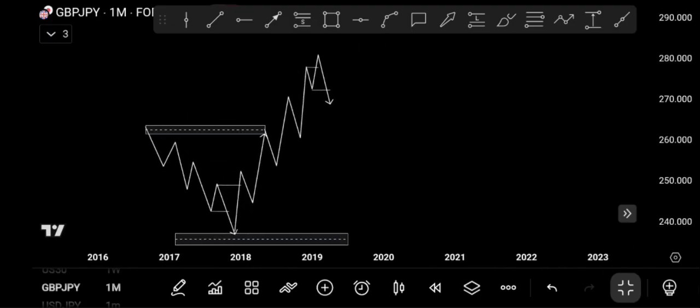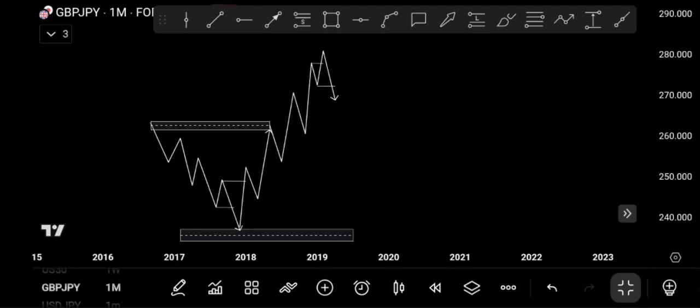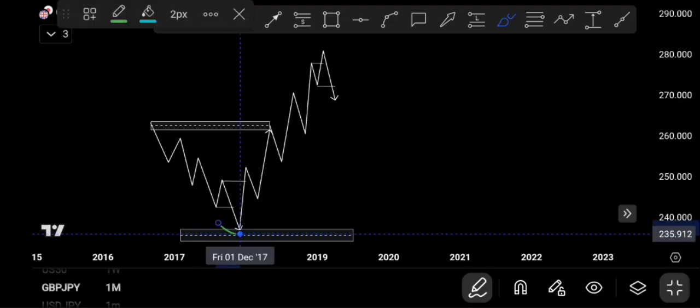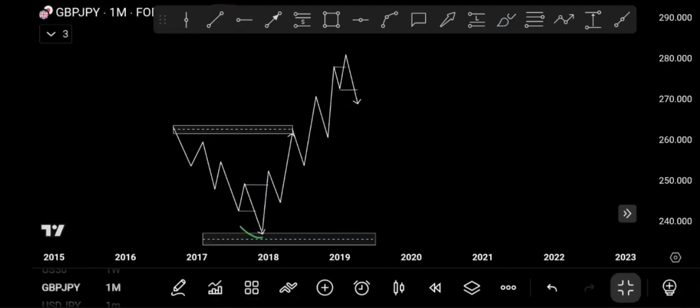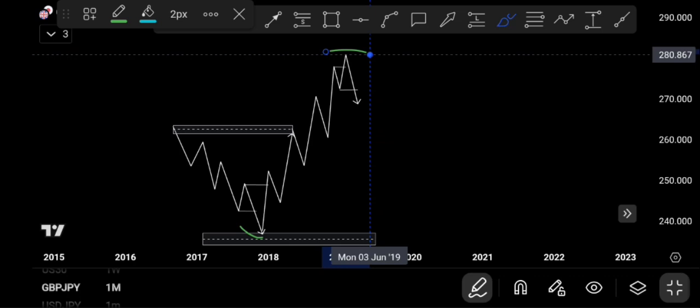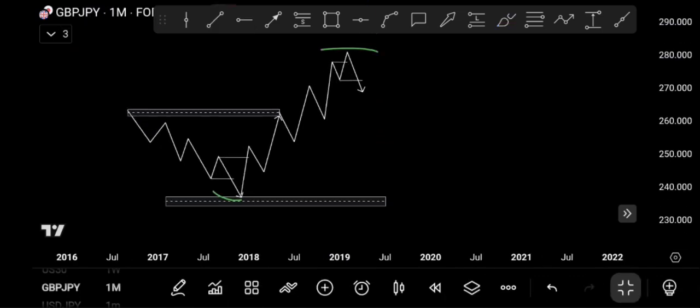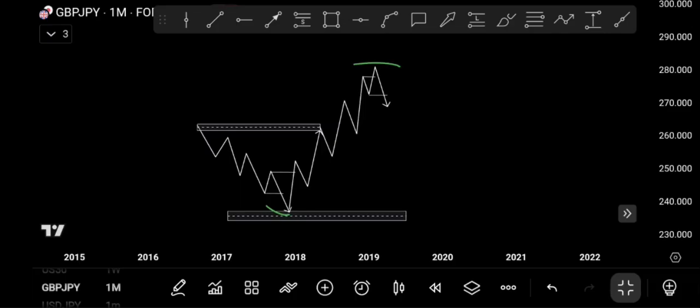So now from this point to this point becomes our swing low and our swing high. I wish I could write. Yes, I think I can.